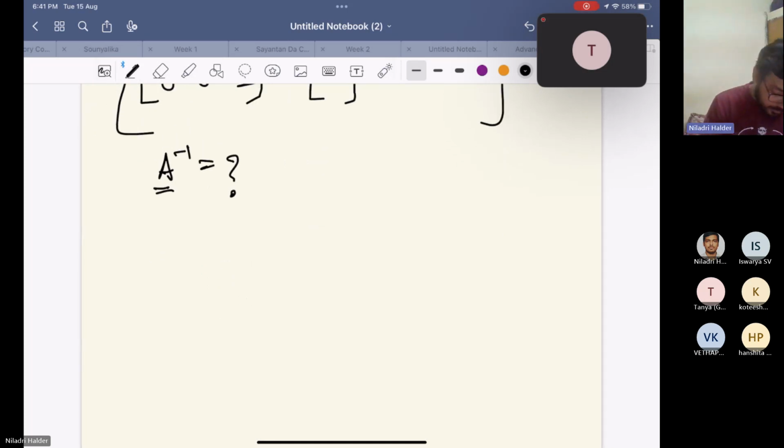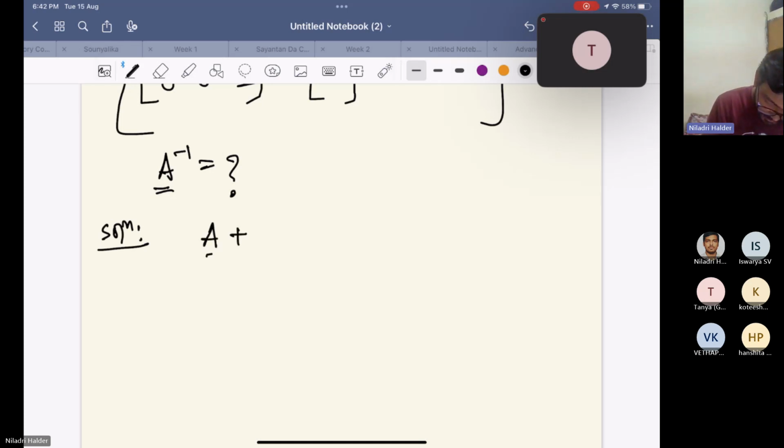So first of all, let's write down the matrix inversion lemma. The lemma is this.